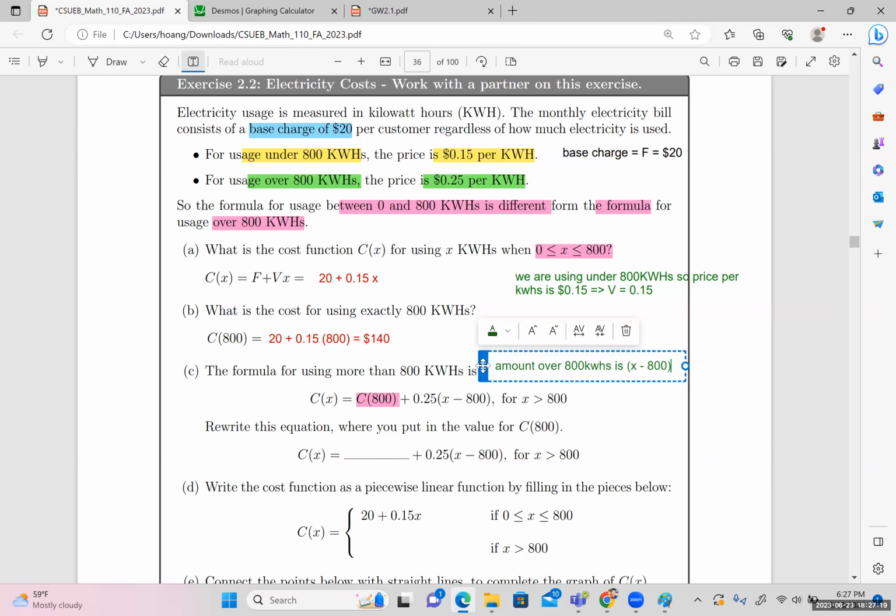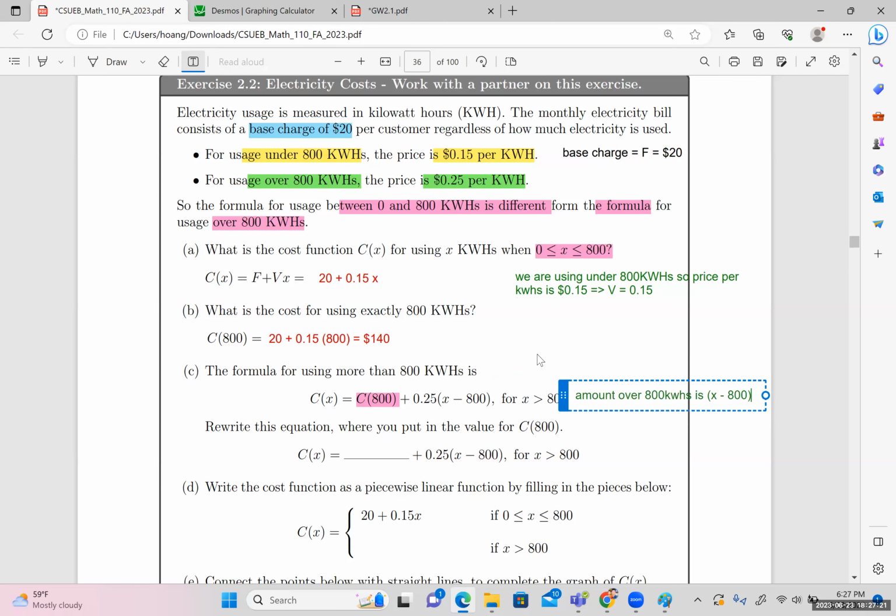Because right now you are using x kilowatts, with x greater than 800. So the amount over 800 kilowatts must be x minus 800.